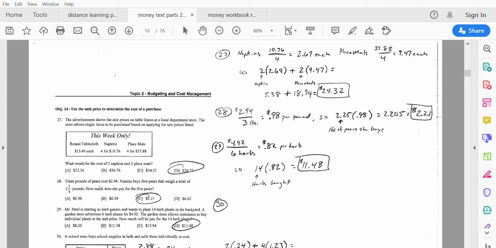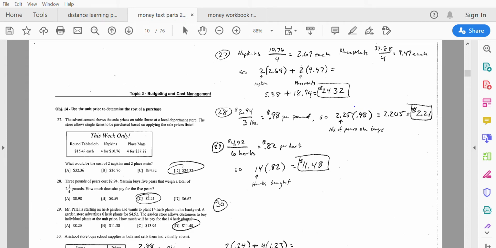So what we do first is figure out what the unit price is. Right here, you're paying $2.94, you're getting 3 pounds, so it's 98 cents per pound. Then you're buying 2 1/4 pounds. The fact that it's 5 pears doesn't matter. They're selling it by weight. So if you see over here, I used 2.25 times 0.98.